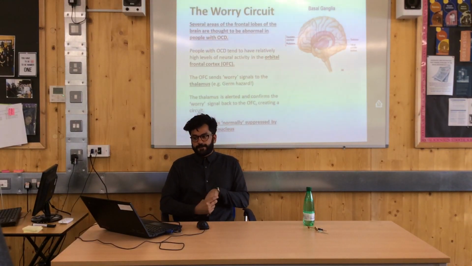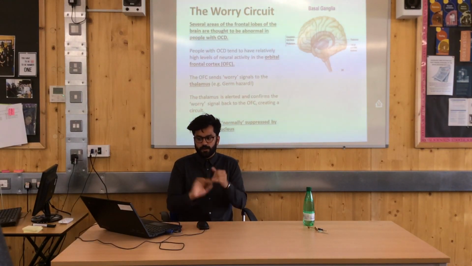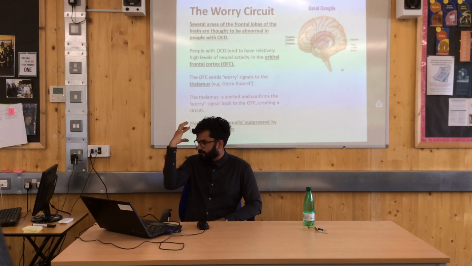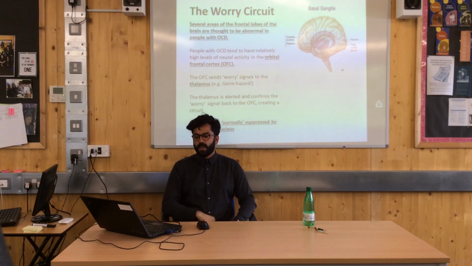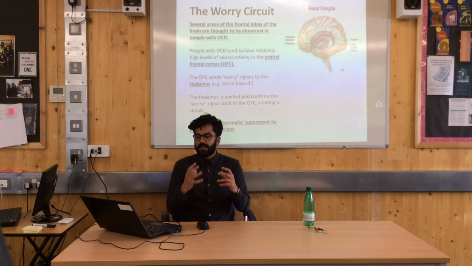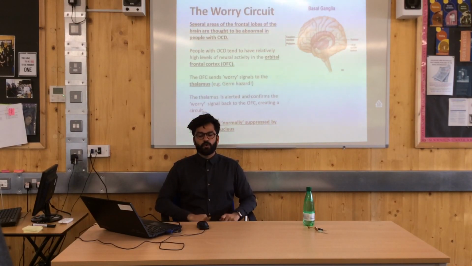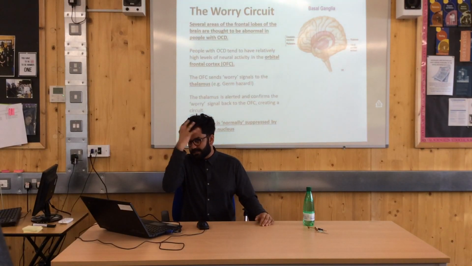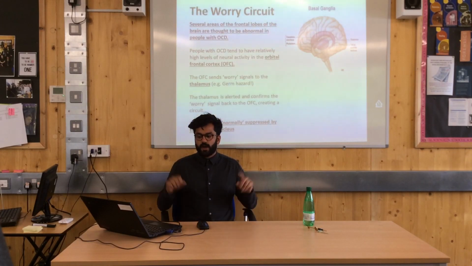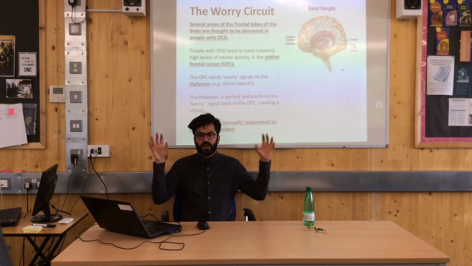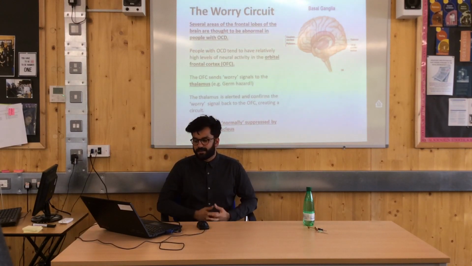The worry circuit. Now, several areas of the frontal lobes of the brain, so the frontal lobes are here, of course, are thought to be abnormal in people with OCD. So people with OCD have high levels of neural activity in the orbitofrontal cortex, or the OFC, and that is in the frontal lobes of the brain. Now, the OFC sends a worry signal to the thalamus. For example, germ hazard, something along those lines.